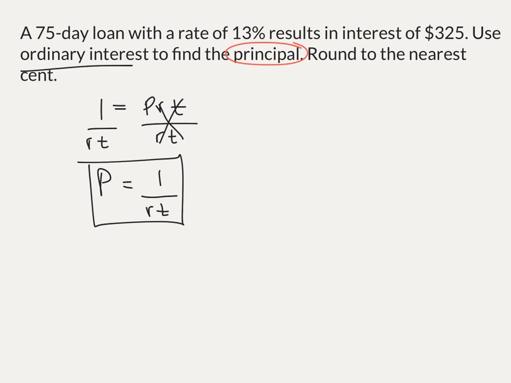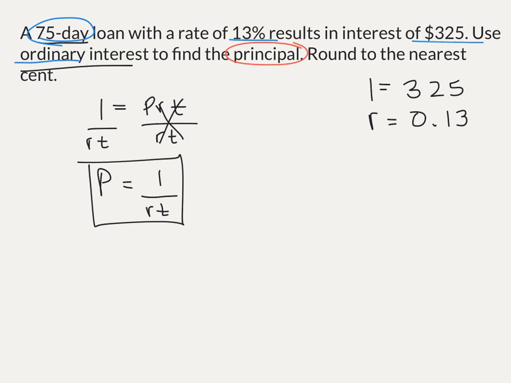Now the interest amount, I, is $325. The interest rate is 13%, which is 0.13 written as a decimal. And then the length of the loan is 75 days. Now remember, T should be written in terms of years, so we need to divide by the number of days in a year.